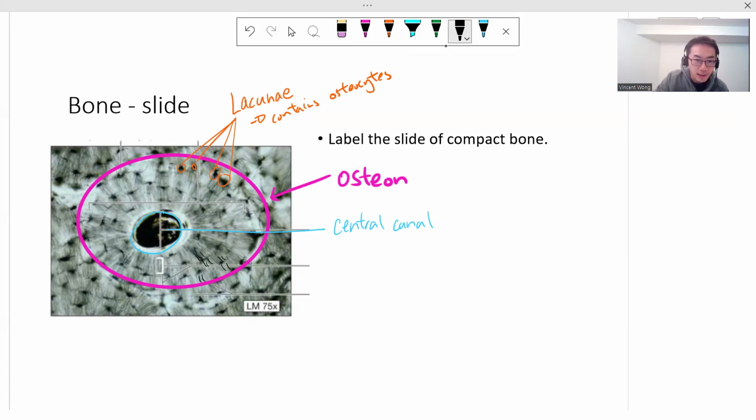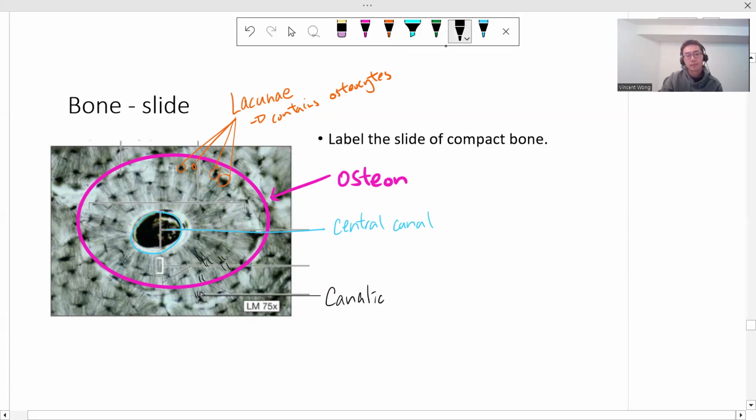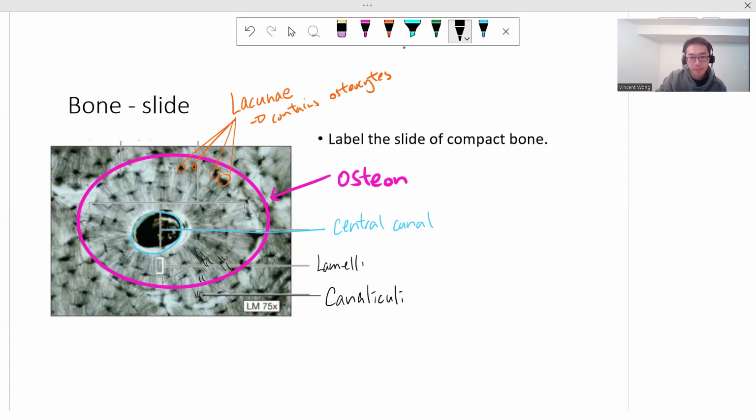I think that's what this one is attempting to point to. That's the canaliculi. And the bony part, that's the matrix, right? We call that the lamellae. Okay.